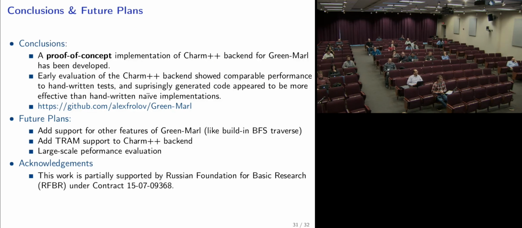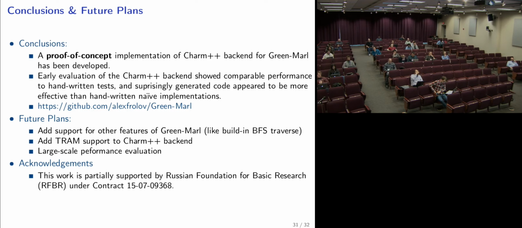So, the conclusions: a proof of concept implementation of the Charm++ backend has been developed, and some performance evaluation has been done, and surprisingly the approach used by the generator has been more effective than the handwritten naive implementation.